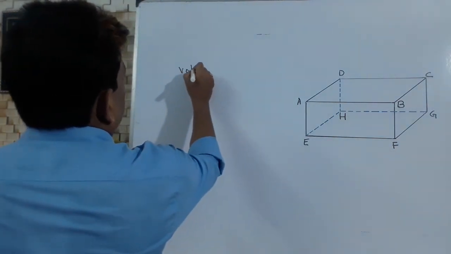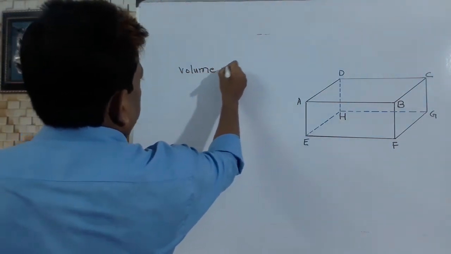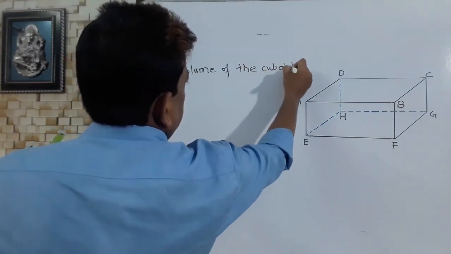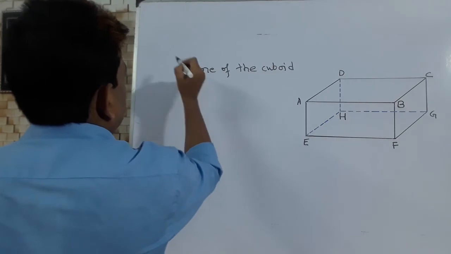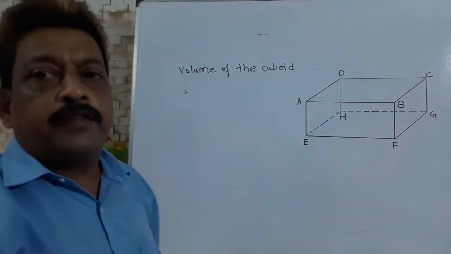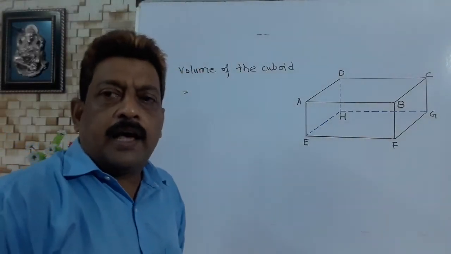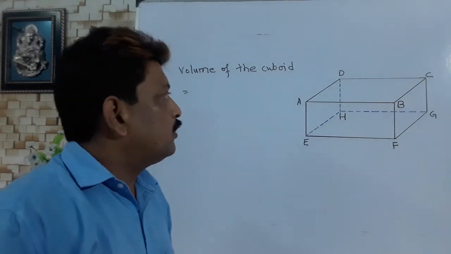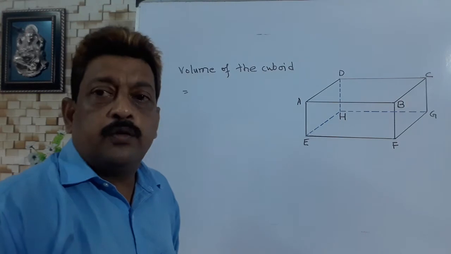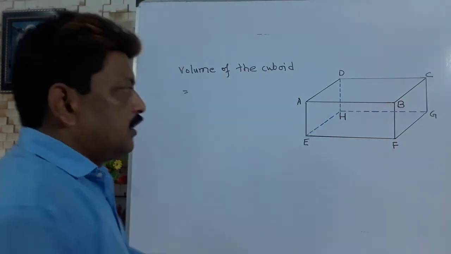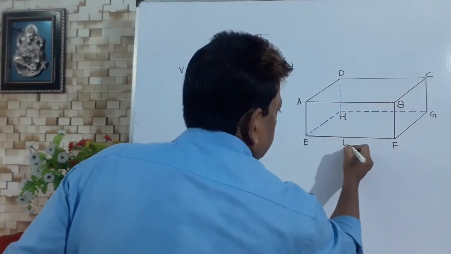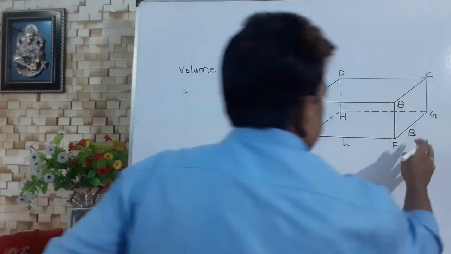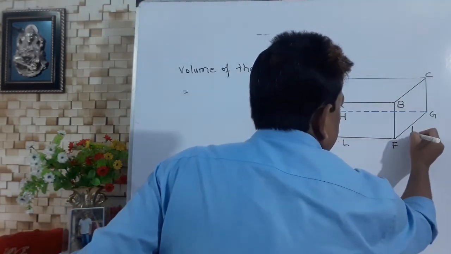So volume of the cuboid equals to, since this solid figure, that is cuboid, has length, breadth and height, therefore the volume will be length into breadth into height. Now suppose the length is L, the breadth is B, and let me write in small letters.